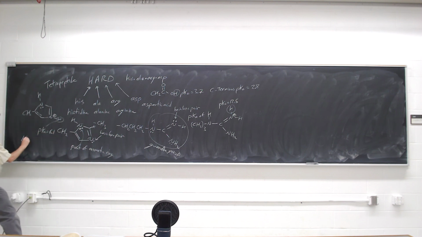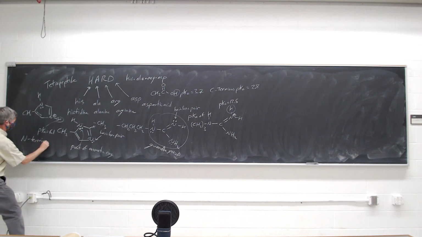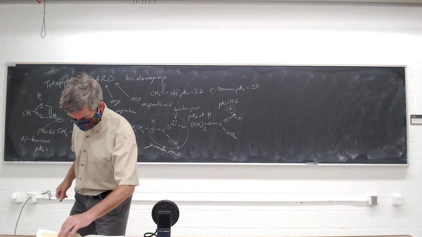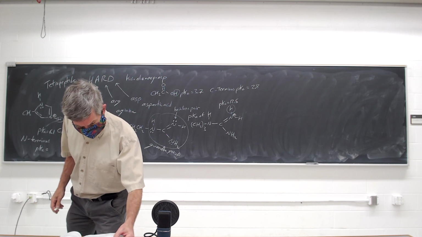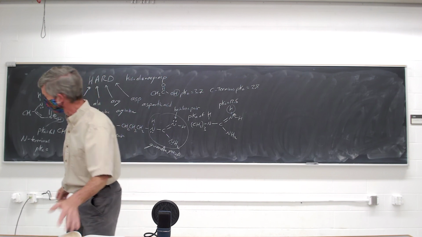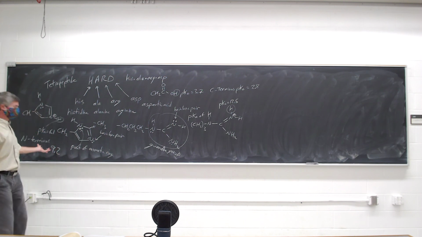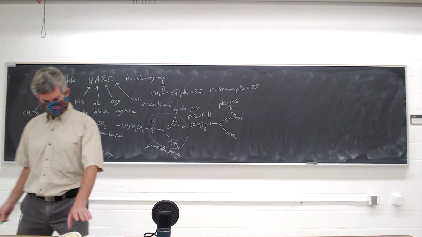And then we also need to know the N-terminal pKa for that one, and for histidine, that N-terminal pKa is 9.2. So you can see it's a little different, right? It was 9.7 for the glutamic acid.